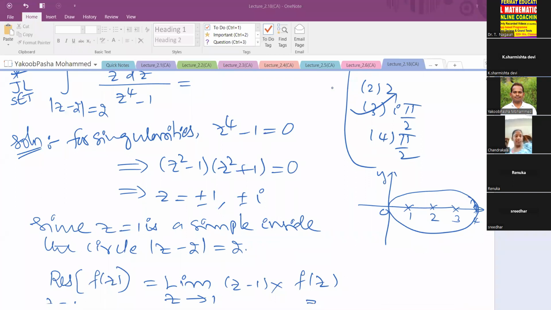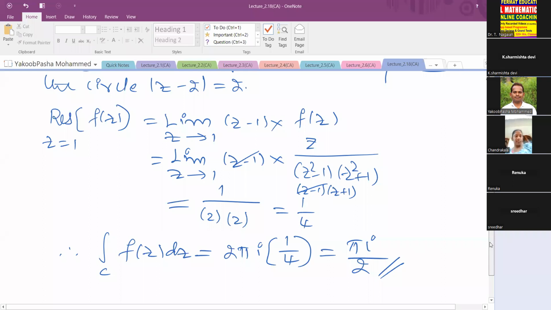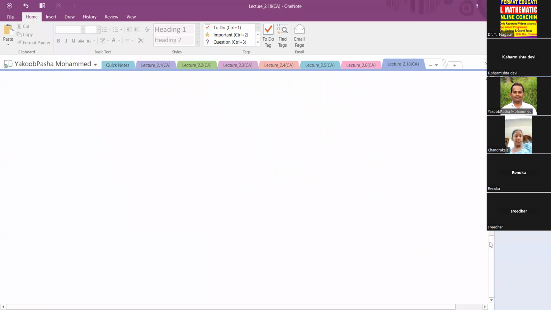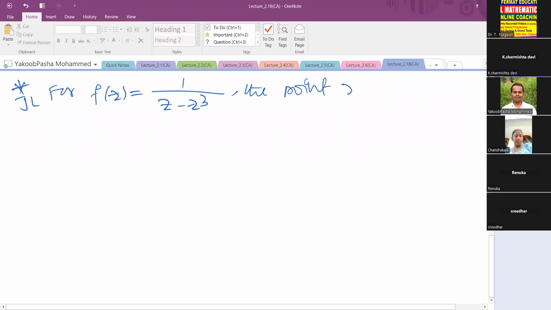Now I am taking another problem from JL. For f of z is equal to 1 divided by z minus z cube, the point z is equal to infinity is. We have options here.